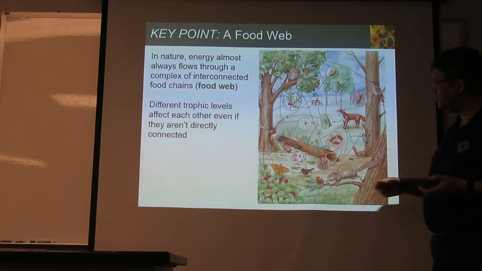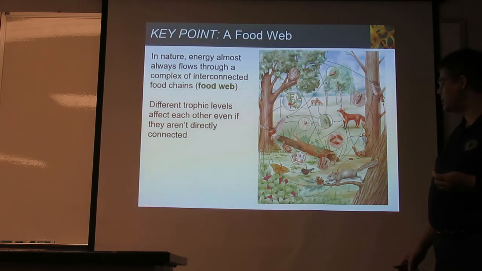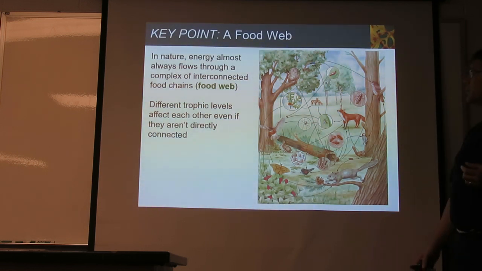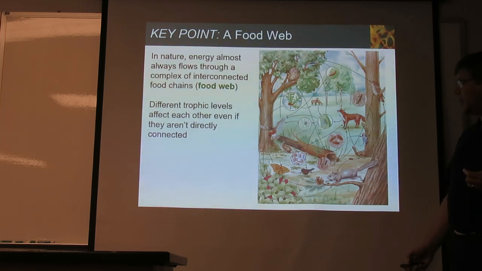And even here, they've made arrows basically just for most of the animals. They haven't included a lot of the plants in the interaction shown here. So the webs can get quite complex when you look into detail.